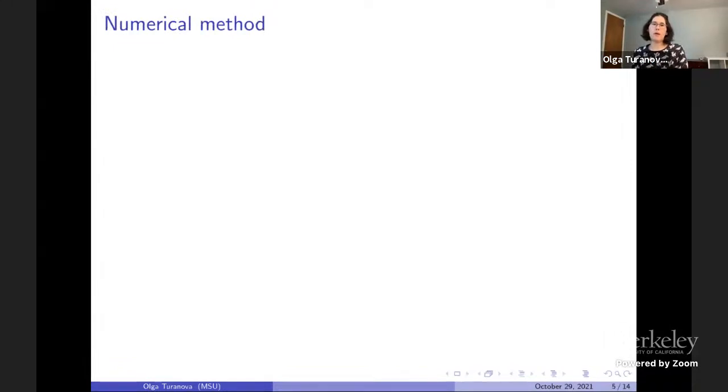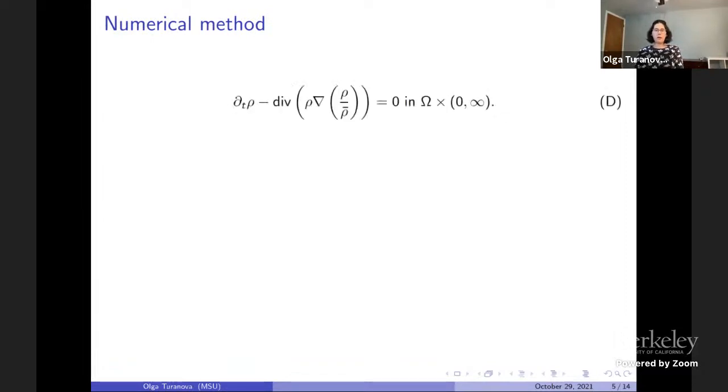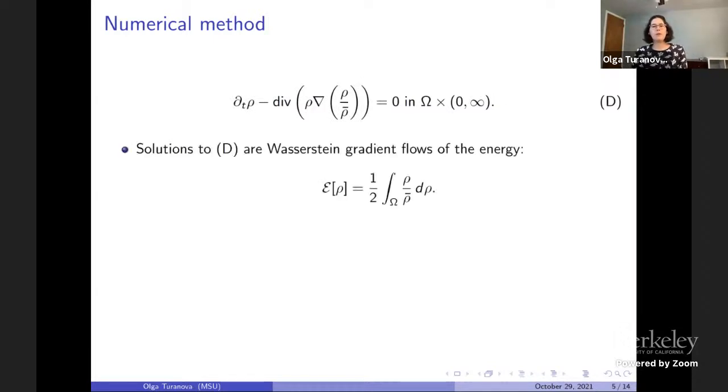So let me talk about the numerical method that we introduced. So there's our PDE again. Solutions to this are Wasserstein gradient flows of the following energy. The energy of rho is a half integral on omega of rho over rho bar d rho.